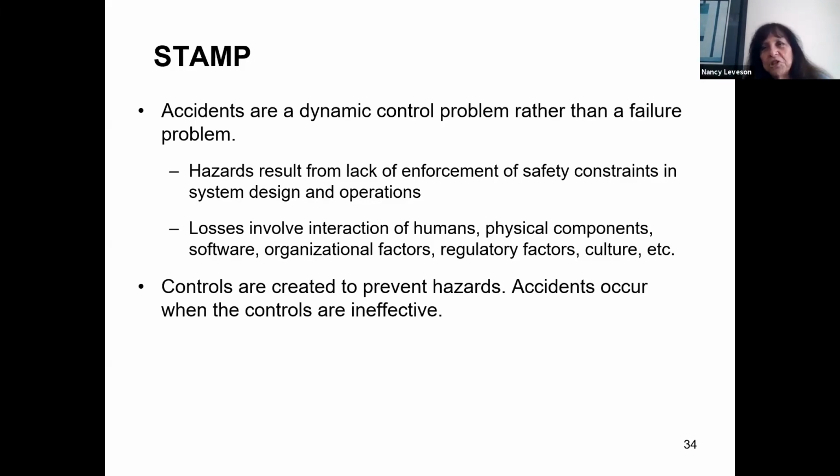In the Shell Moerdijk explosion that I talked about a couple of times, in the big news headlines and in the accident report, Shell failed to learn from experience. Remember, I said it had happened twice before. Well, Shell didn't fail. Shell's still around.